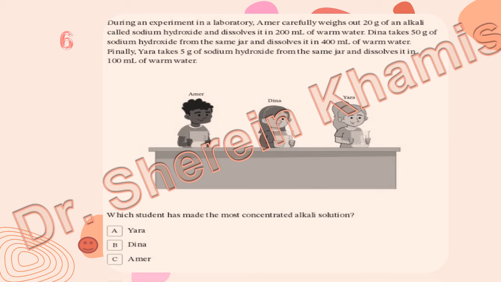Neglecting the amount of solvent, we depend just on the solute, the substance that we dissolve in the solvent. Since it is in large amount, we have a concentrated alkali solution. Okay, let's go to question 7.